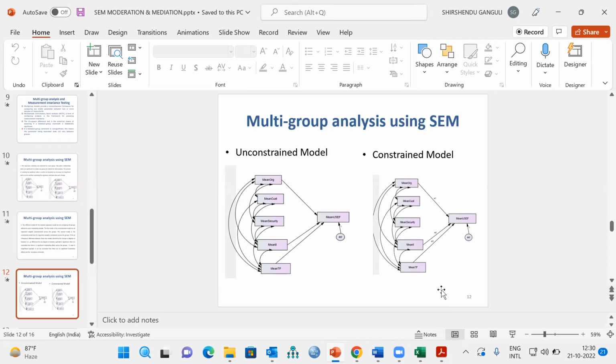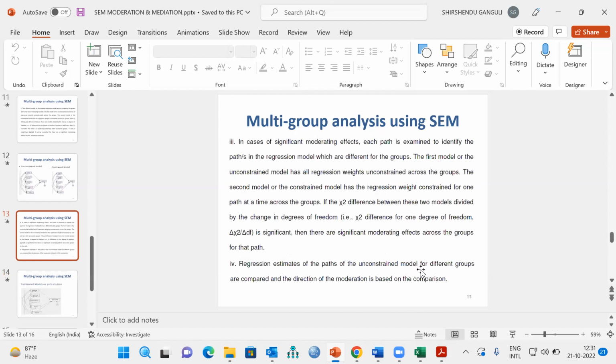If the chi-square test comes out significant, that means there is a moderation effect present in this model. That means the two groups, male and female, which we have taken for this, differ for this model. And once you have checked the moderation effect, then you go forward and test each of the individual paths one by one.